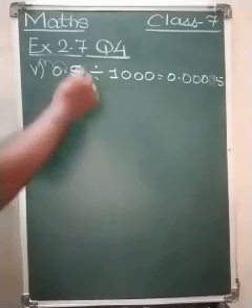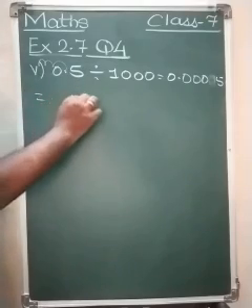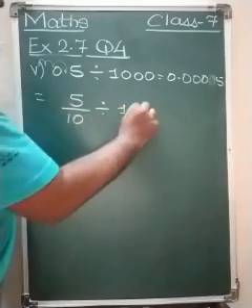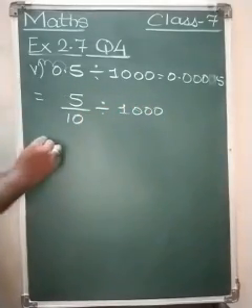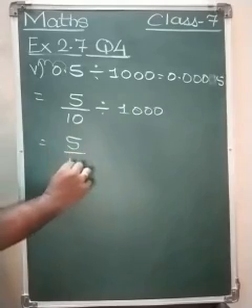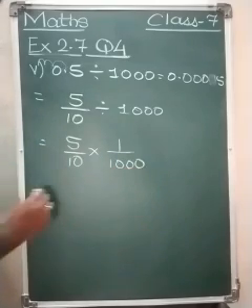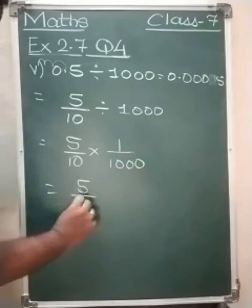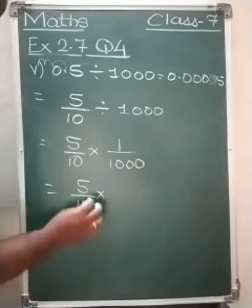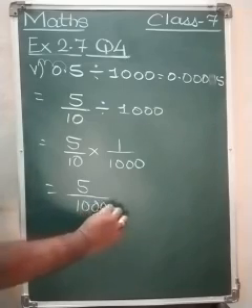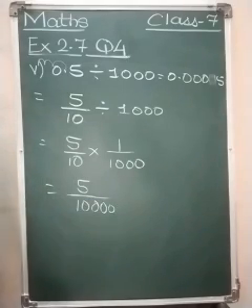So let us solve it in our regular way. 5 upon 10 divided by 1000. So this equals 5 upon 10 multiplied by 1 upon 1000. This equals 5 upon 10,000. 5 upon 10 into 1000.